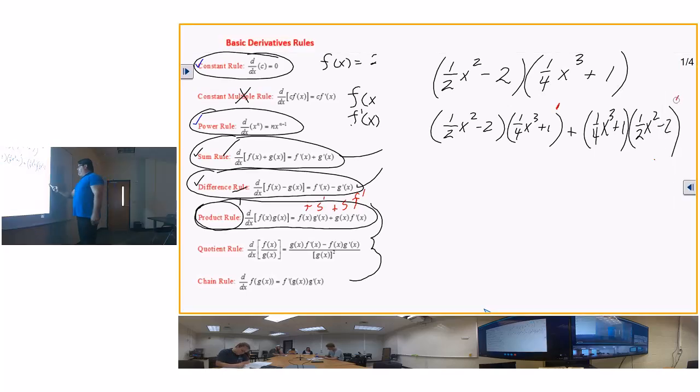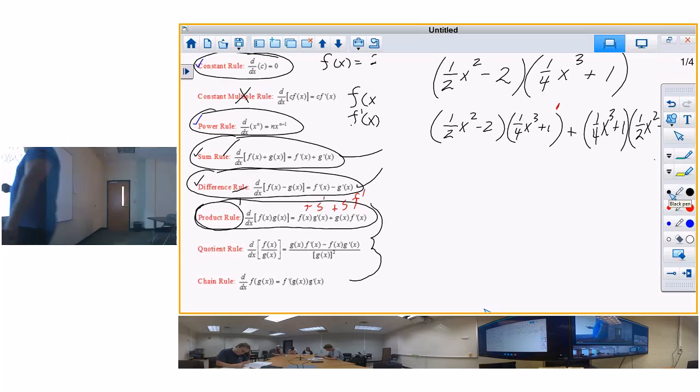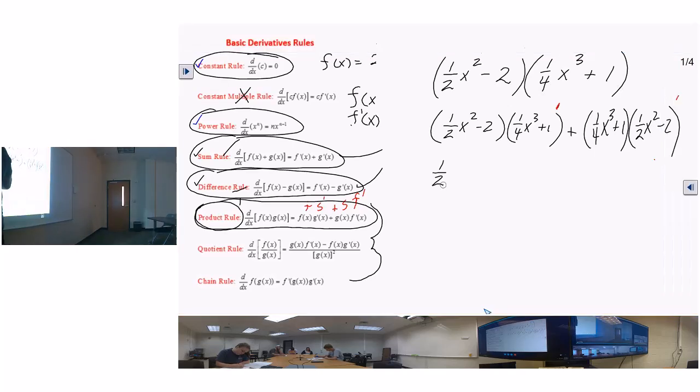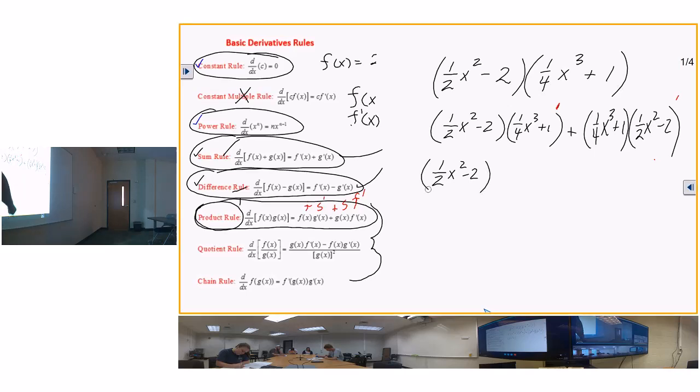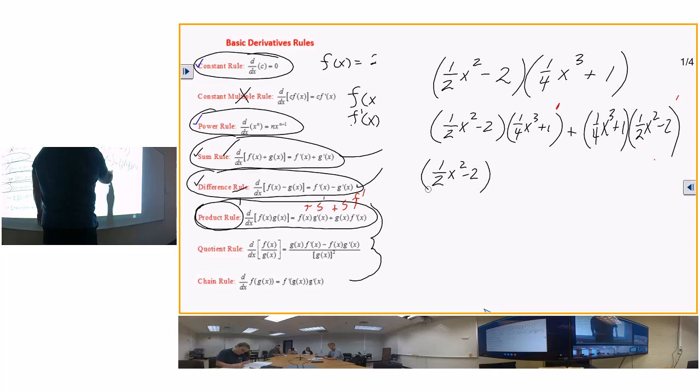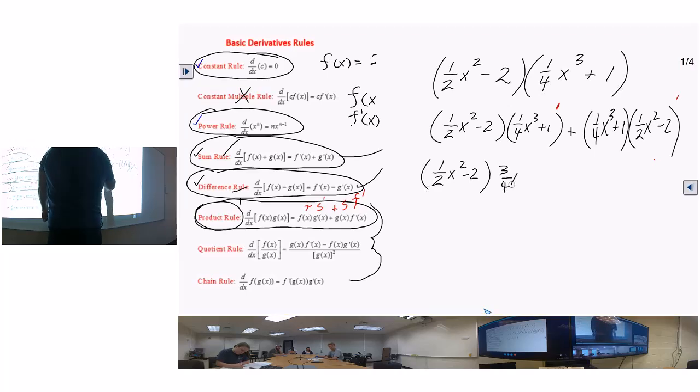Okay, so I'm going to rewrite the first: 1/2 x squared minus 2. All right, somebody tell me what the derivative of this term is. 3/4 x squared. Good.